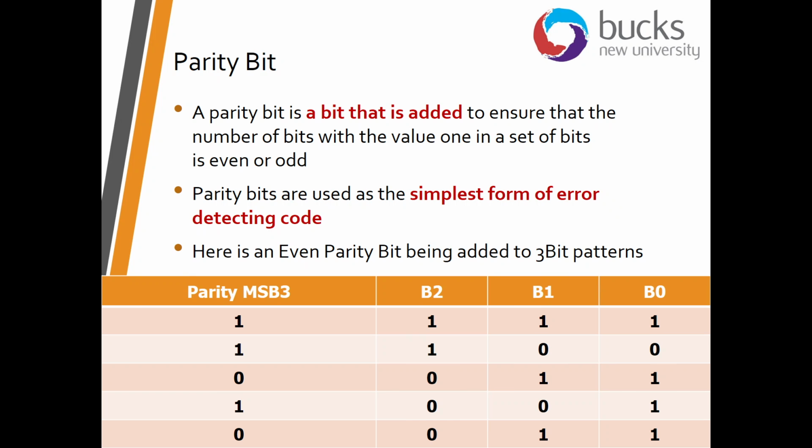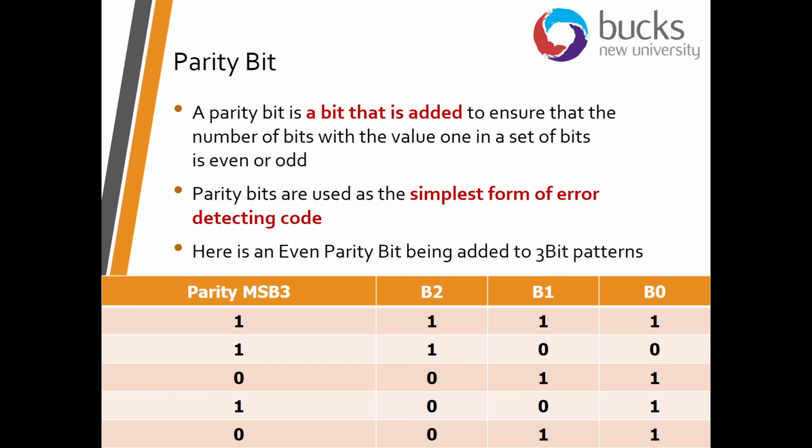So in the first row, we have the data transmission part, which is all 1, so 1, 1, 1. Now, in order to use even parity check, we're going to add a parity bit, which is going to be a 1 bit. The reason it's going to be a 1 bit is because there are 3 1 bits in the data, and 3 is an odd number, so to make it an even number of 1 bits, we simply add a parity bit which is set to 1, hence making it an even number of 1 bits in the total transmission.